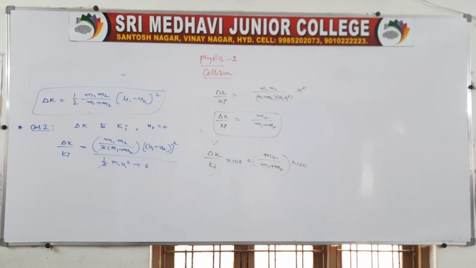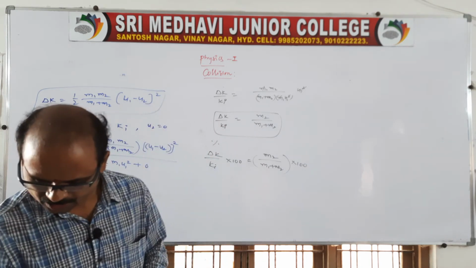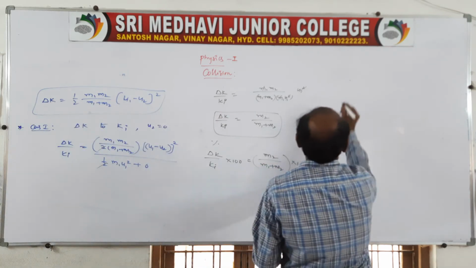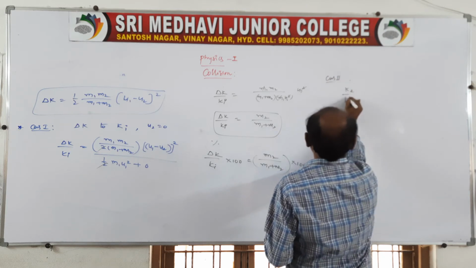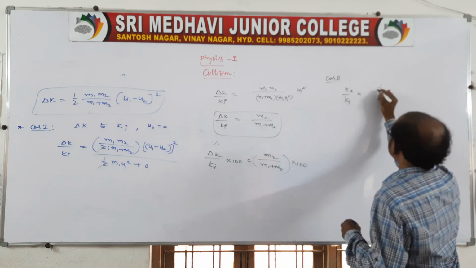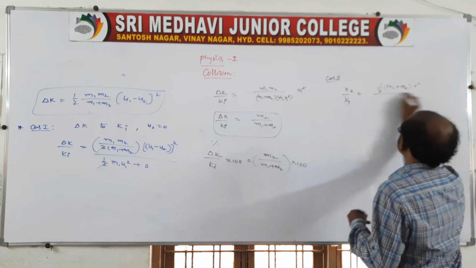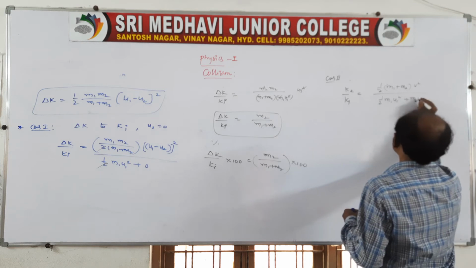Now the second case: the ratio of final energy to initial energy of the system, again with the second body at rest. The ratio K2 by K1, where K2 is half m1 plus m2 into v square, divided by half m1 u1 square plus half m2 u2 square.